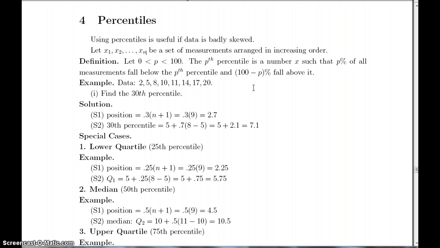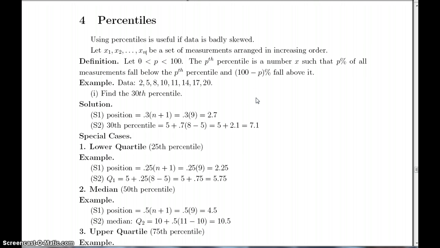I'm going to define the pth percentile, where p is a number between 0 and 100, as the number x such that p% of the measurements are below that value and the rest are above it. So if we take p to be 50, that means the 50th percentile is the value where 50% of the data is below it and 50% of the data is above it, which we already know to be the median.